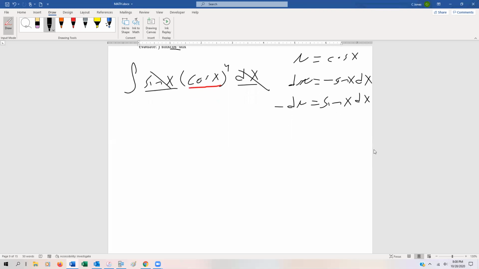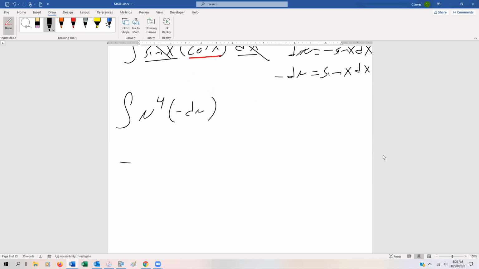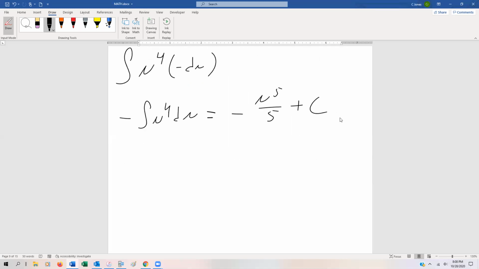All right, so it's going to become the integral of u to the 4th times negative du. Right? I'm going to factor the negative in front of the integral. We're going to integrate. So we're just going to add 1, divide by the new exponent, plus c. And we're going to back substitute.